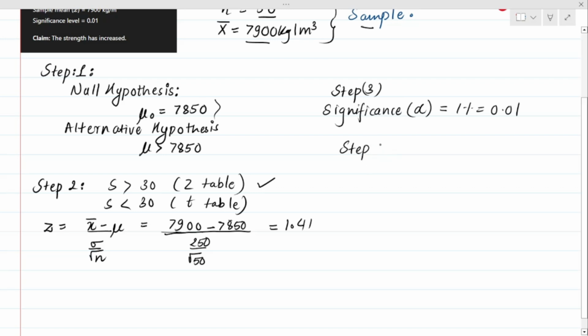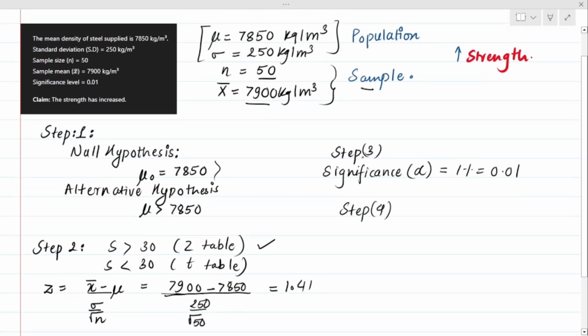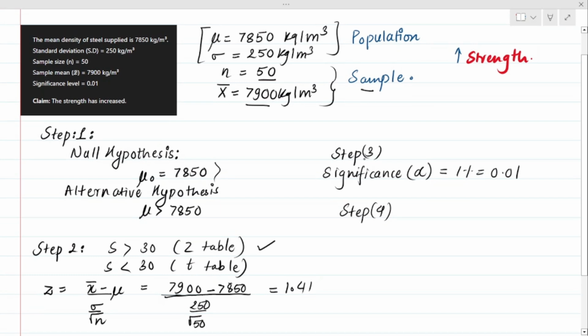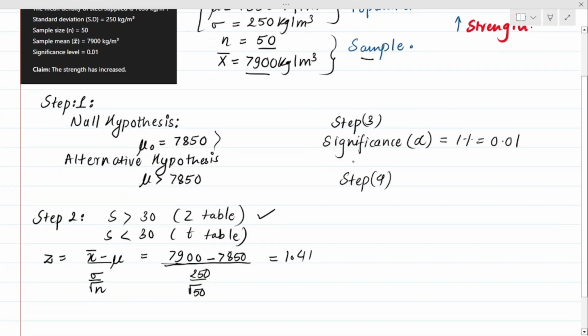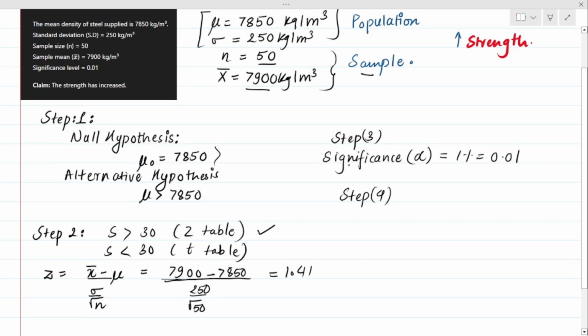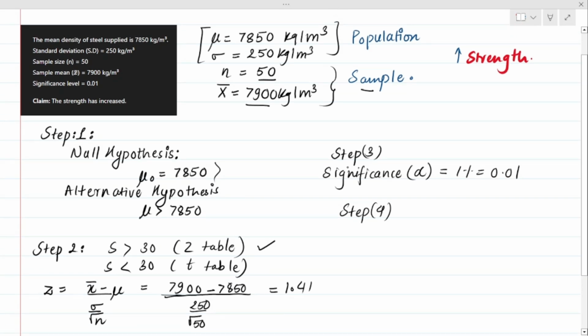Now this is the most important step in this process: to identify whether this kind of question is a right tail test, or a one tail test or two tail test. How do you identify whether it is two tailed or one tailed? The first thing you need to do is look at the framing of the problem.